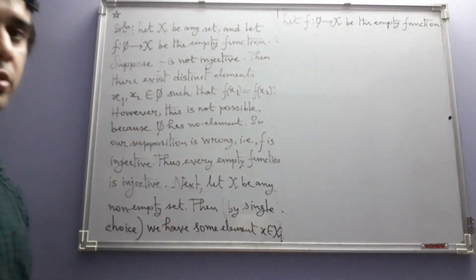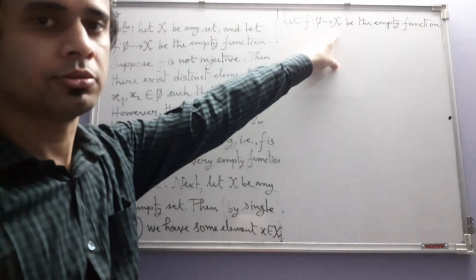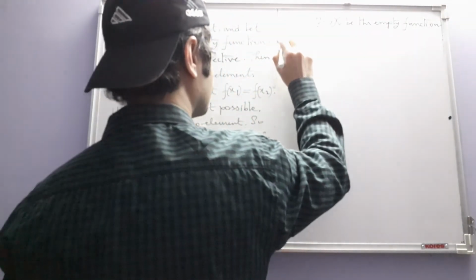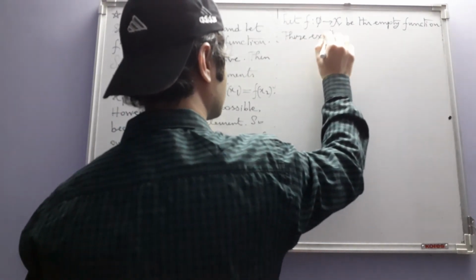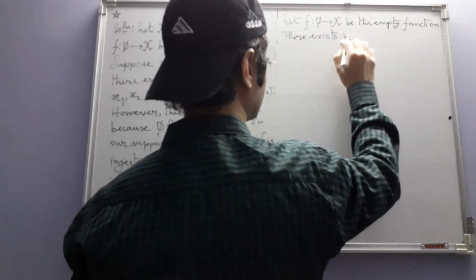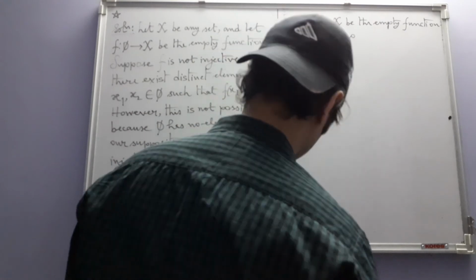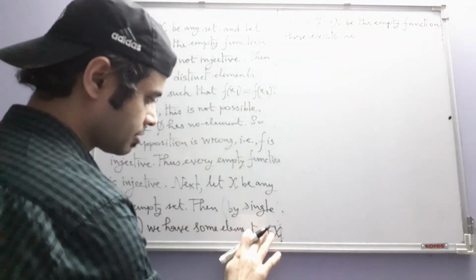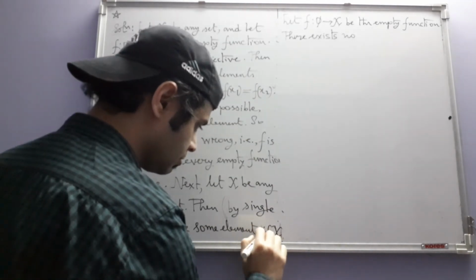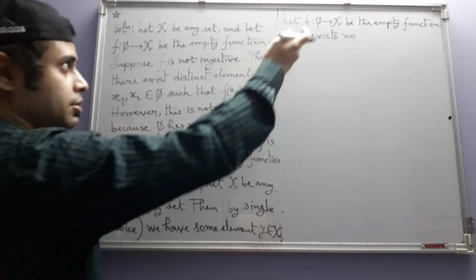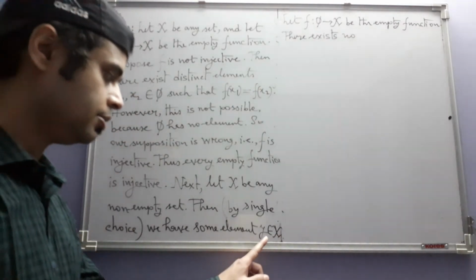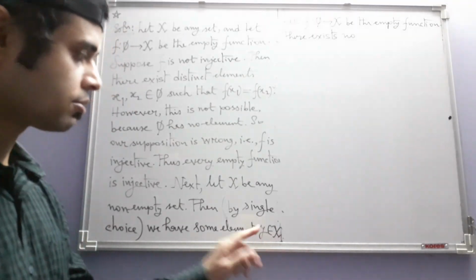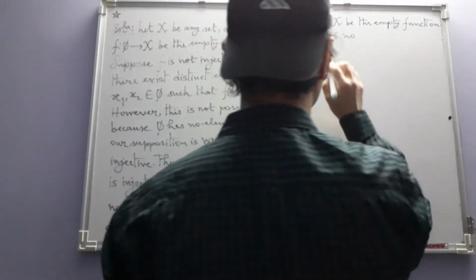Here we can write "the empty function" because now X has been chosen, it is fixed. So let this be the empty function. Now, let me instead of calling this x, call it y, because now capital X is the range of my function, and since we usually denote range elements by y, I denote it by y.